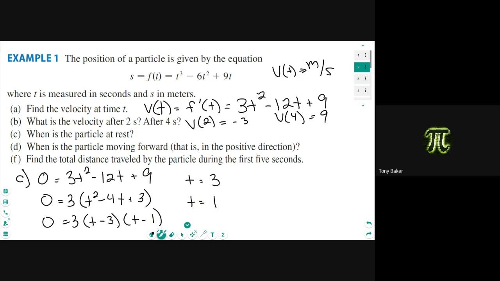For all those that didn't remember to factor out the 3, your problem became a lot more complicated. Always look for something you can pull out before you do it. So the 2 points where the particle is at rest are at times t equals 3 seconds and 1 second.